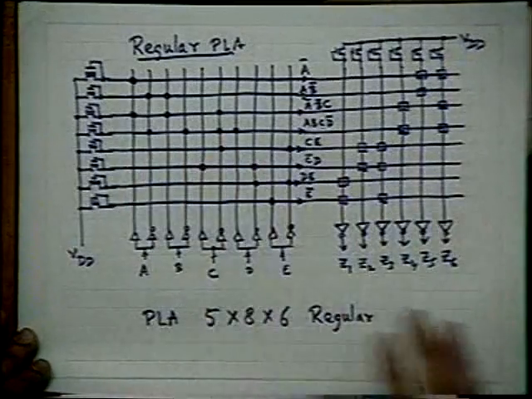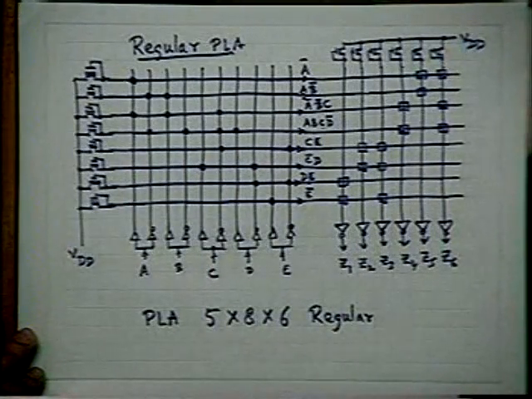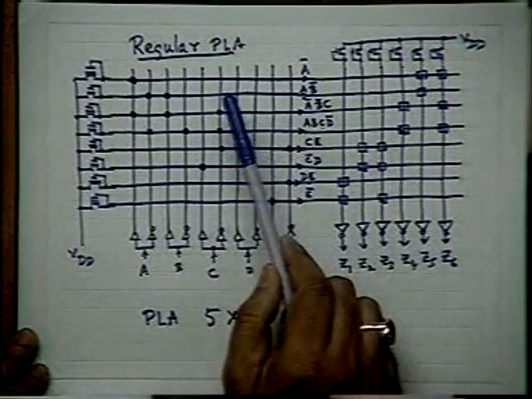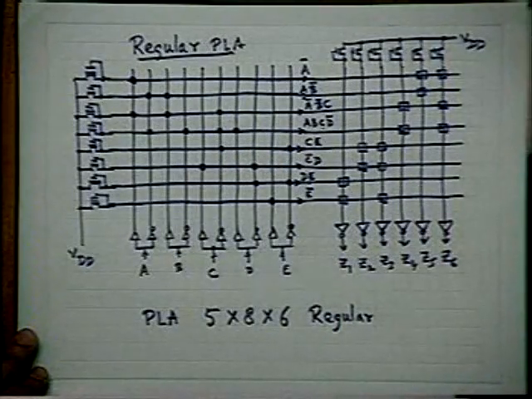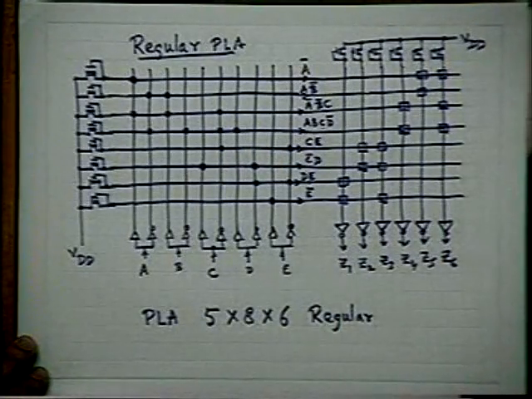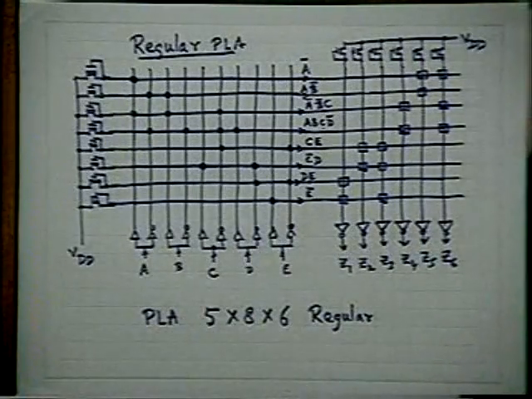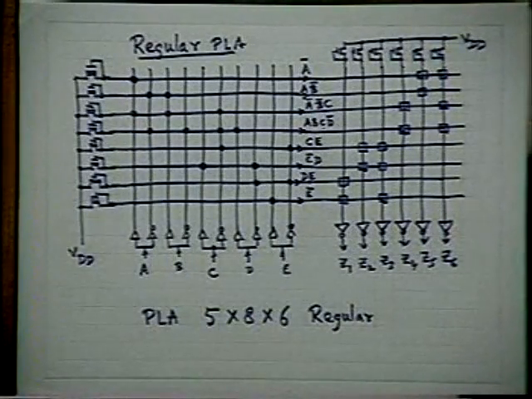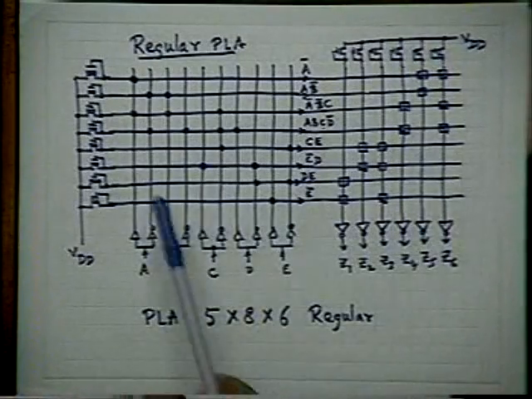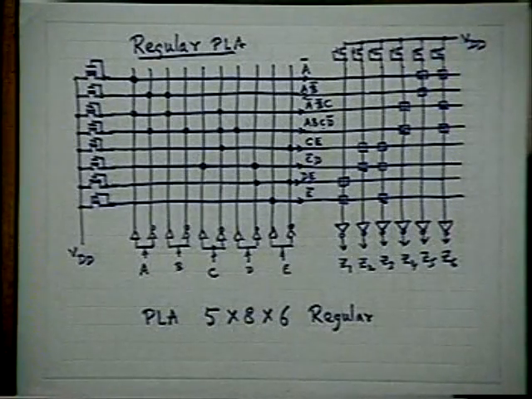But in this kind of regular PLA, you will easily understand when you see how many transistors are really being utilized. Can you count the effective number of transistors which have been utilized in both the AND plane and the OR plane?